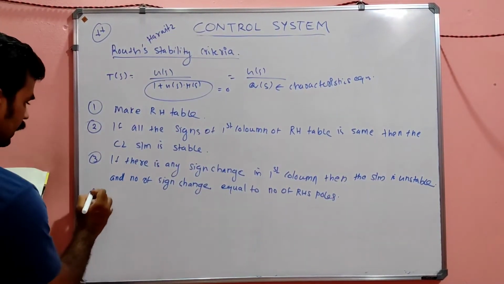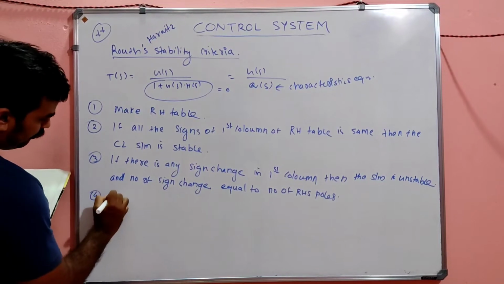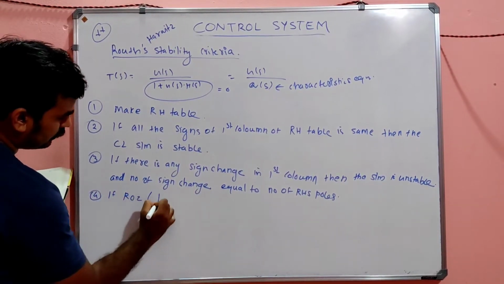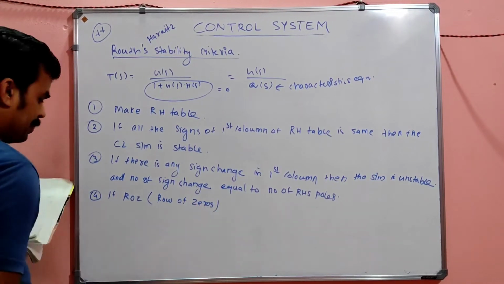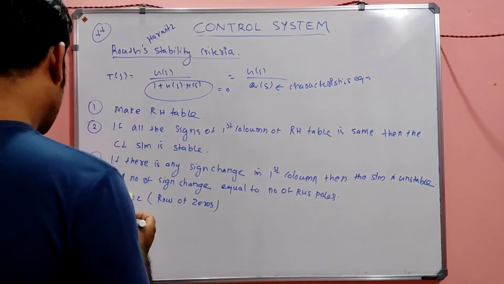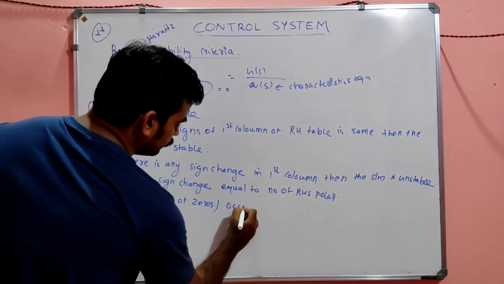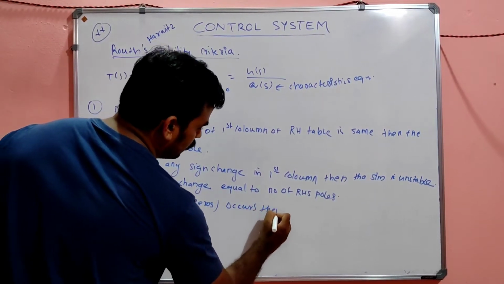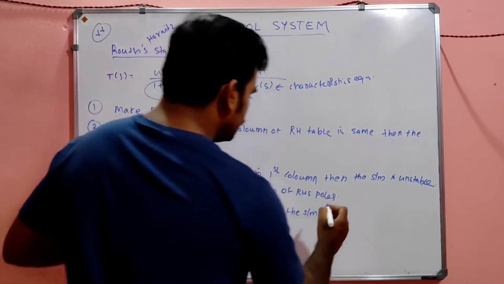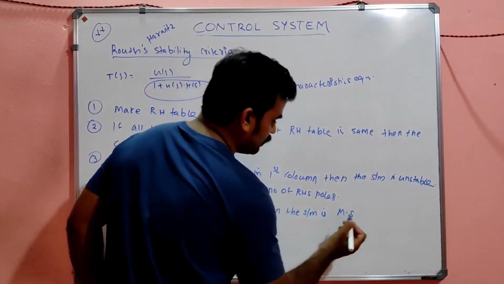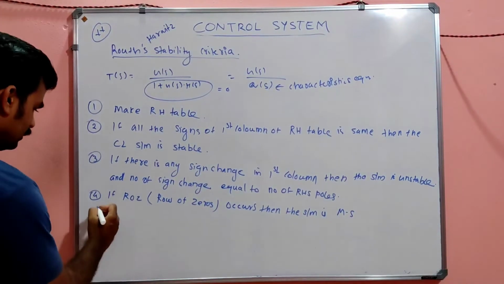And the fourth rule: if a row of zeros occurs, then the system is marginally stable. Short form MS, marginally stable.